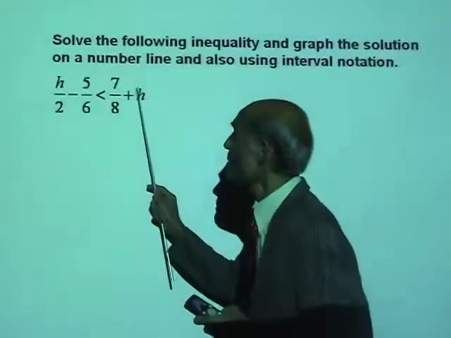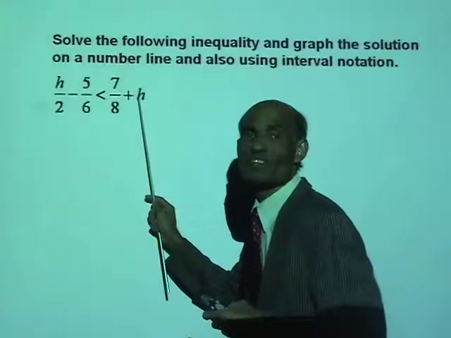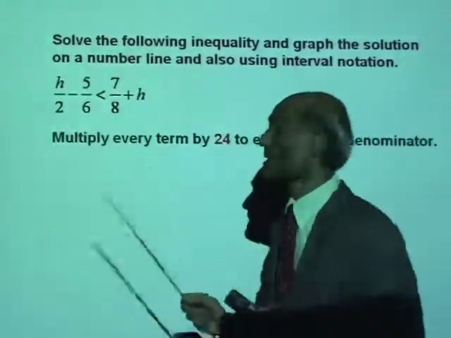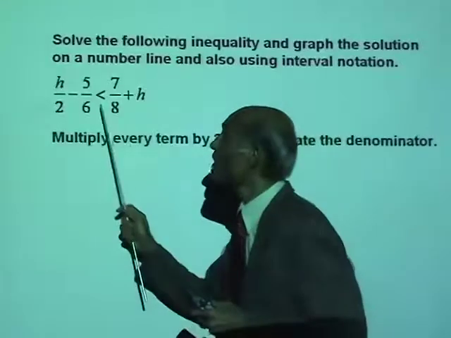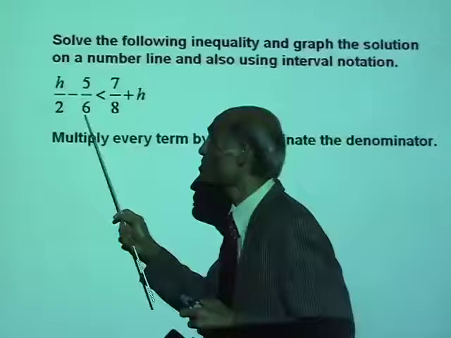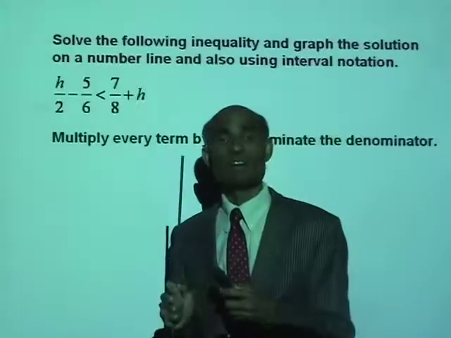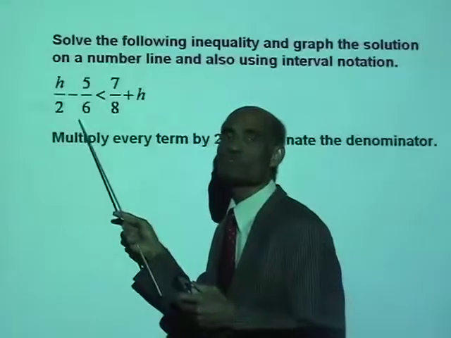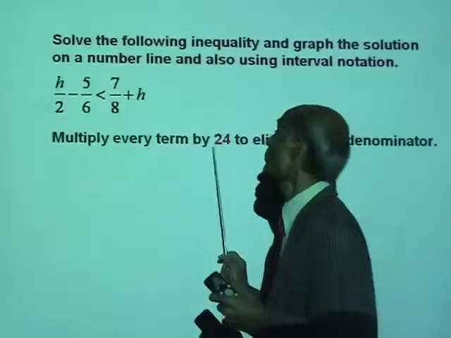Now, what is the denominator for h? It is 1. h is h divided by 1. So multiply every term by the LCD of 2, 6 and 8. I don't think you need my help now to find the LCD of 2, 6 and 8. It is 24.